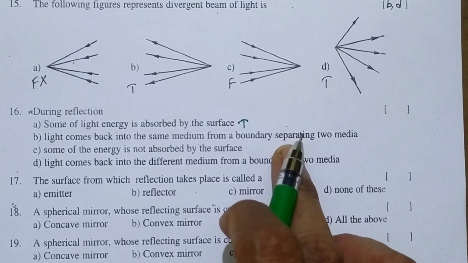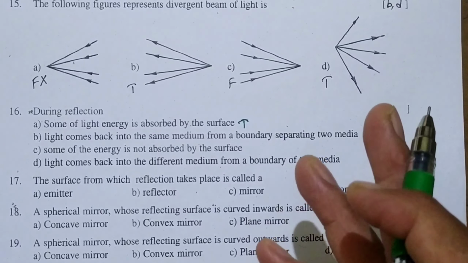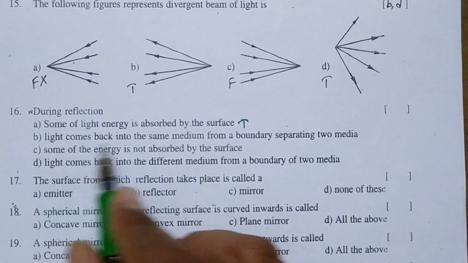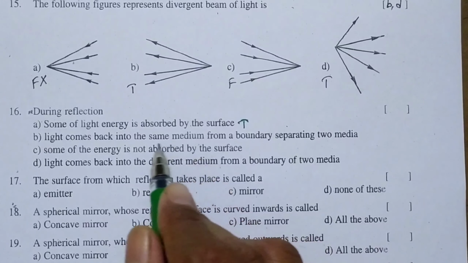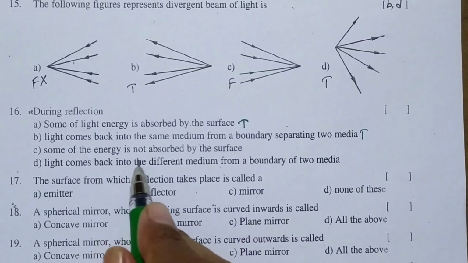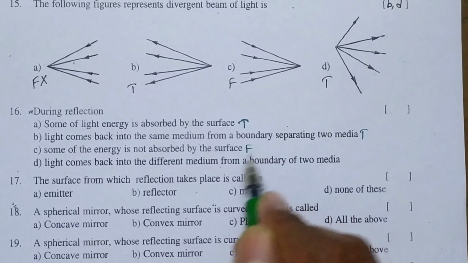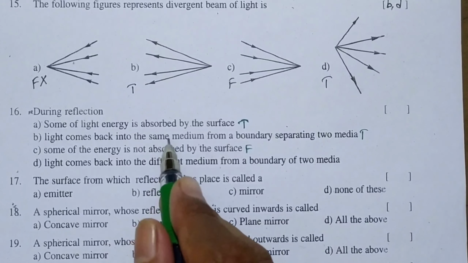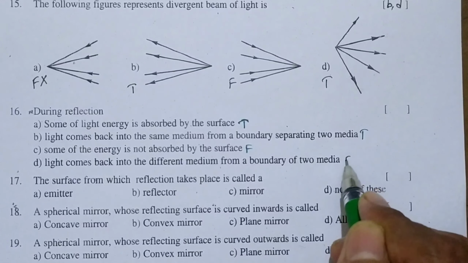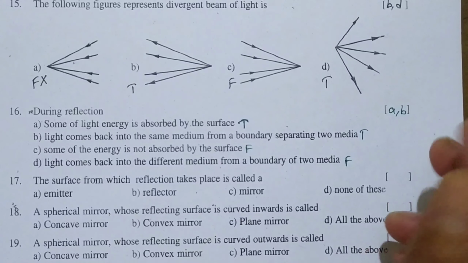The first law: the incident ray, reflected ray, and the normal at the point of incidence, all the three lie in the same plane. So here they will be in the same medium. So this is also true. Now, some of the energy is not absorbed. See, it is absorbed is true. So this is false. And light comes back into a different medium. But the same medium is true, while different medium is false.